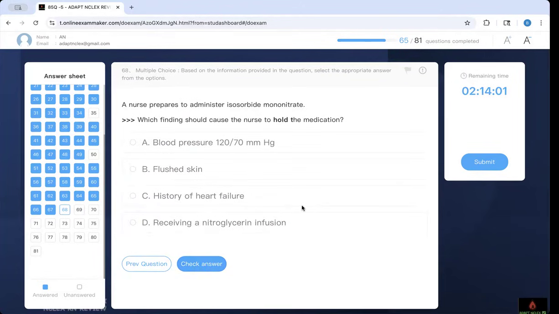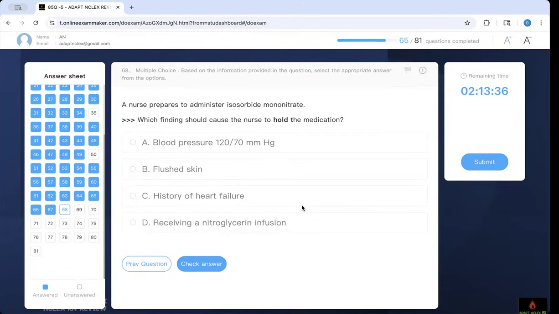A nurse prepares to administer isosorbide mononitrate, a nitrate. Which finding should cause the nurse to hold the medication? What do you think? Blood pressure 120/70, flushed skin, a history of heart failure, or receiving nitroglycerin.